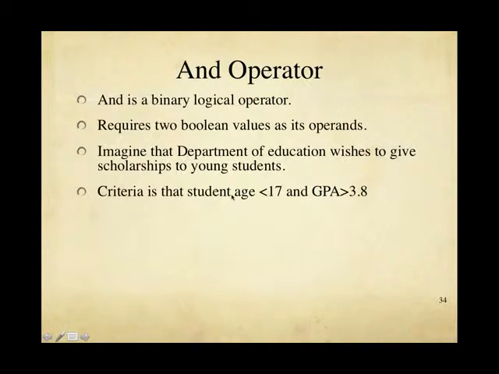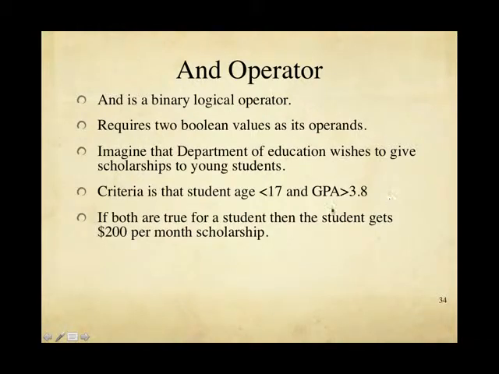The criteria they choose is that the student age should be under 17, but their GPA up to that point in high school or whatever should be greater than 3.8. If both are true for a student, then the student gets a $200 per month scholarship.